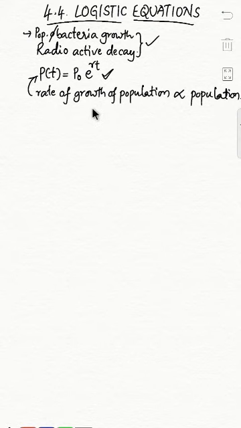Suppose initially there are large populations, then the growth of the population is also very high. Now the rate of growth we said here can be the rate of change of the population.